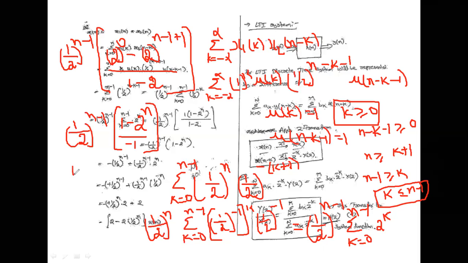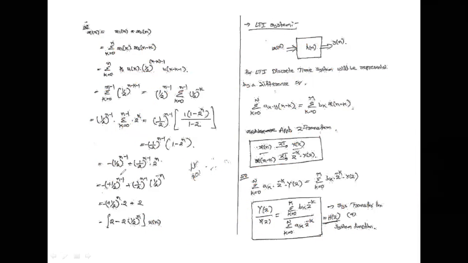So now if I am taking the power n minus 1, take this minus and you can multiply 2^(n-1). What is the final answer? We got (1/2)^(n-1) times (1 minus 2^n).